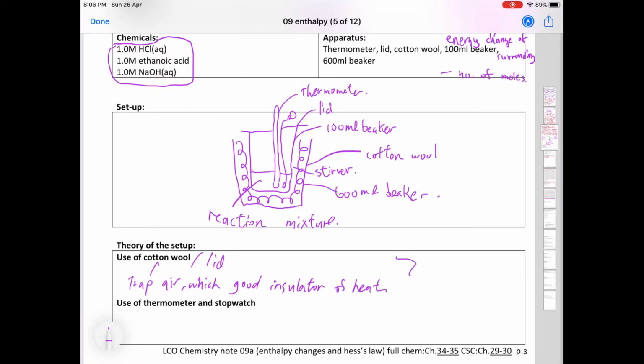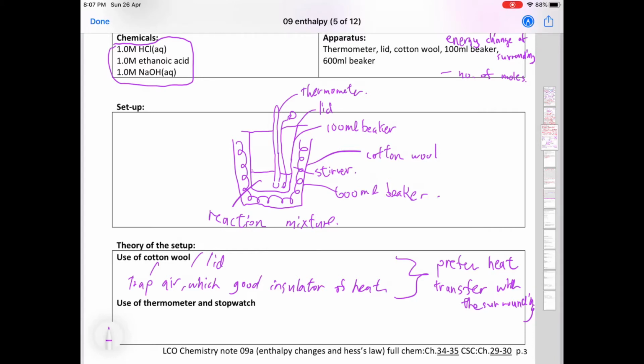Both of these are used to prevent heat loss or heat gain from the surroundings, or for simplicity, we can just write down: to prevent heat transfer with the surroundings. If it is an exothermic process, we prevent heat loss. If it is an endothermic process, we do the reverse, to prevent heat gain from the surroundings. Can you see the idea?